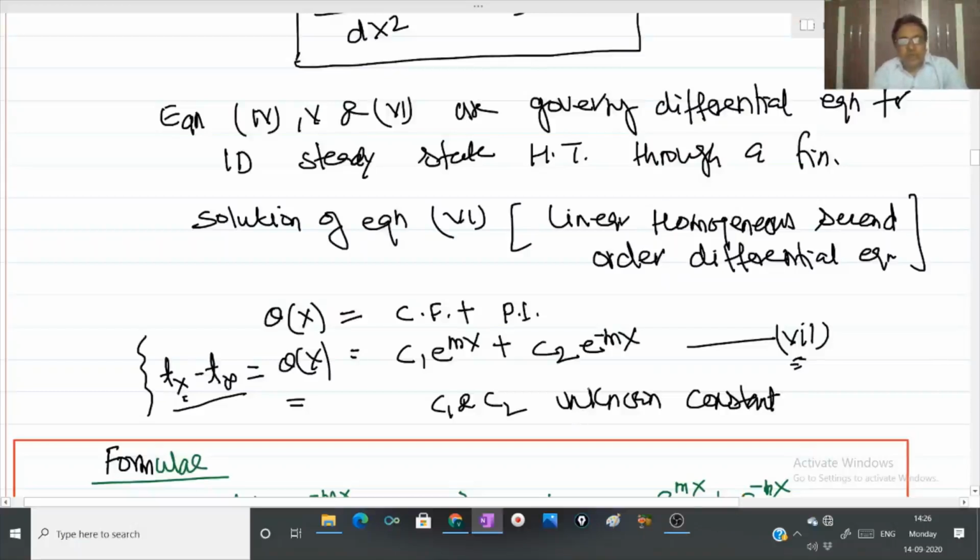If I know the values of these unknown constants c1 and c2, I can find out the temperature T(x) at any distance x along the length of the fin.